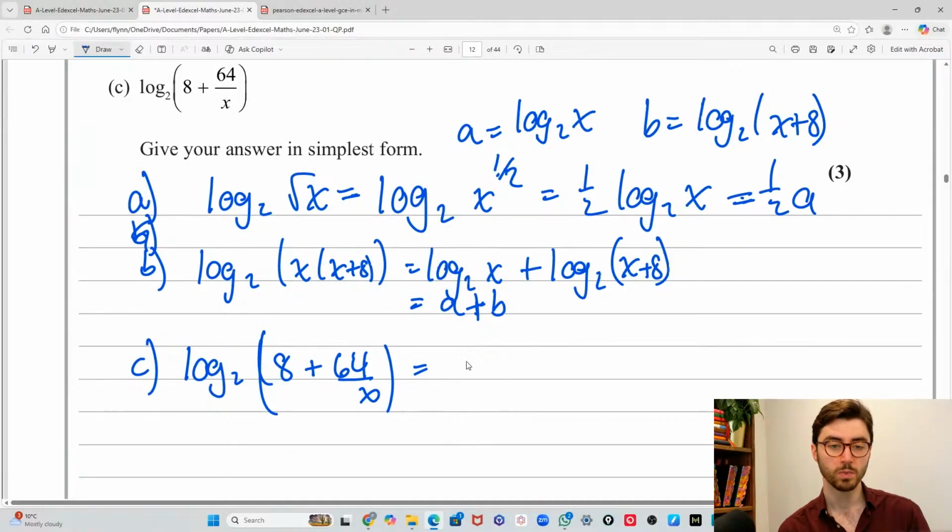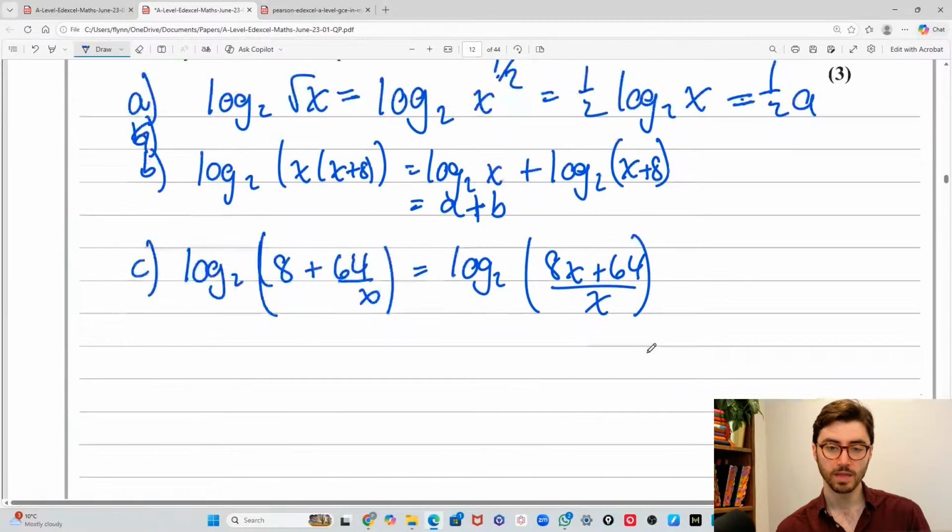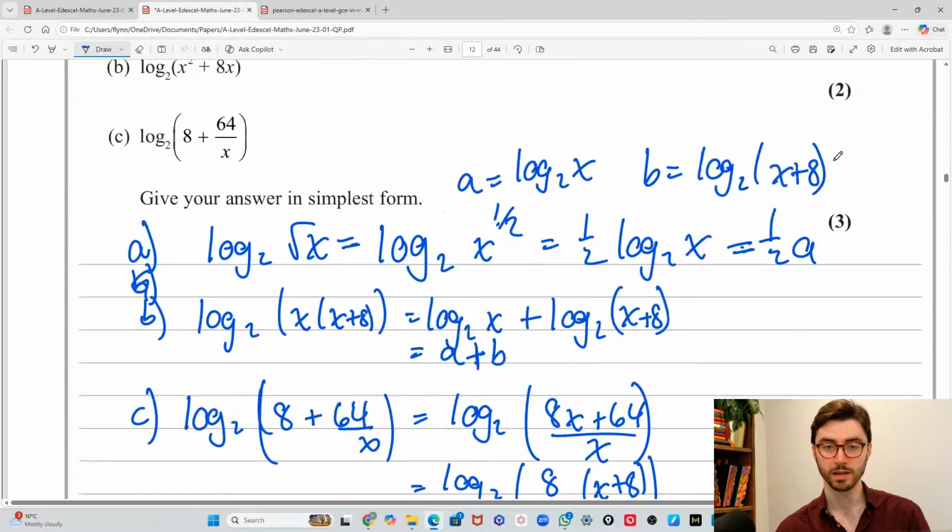If I bring this all to one fraction, I would have 8x plus 64 over x. Now, so that is log to base 2 of 8 over x into x plus 8. So I can see an x plus 8 here.